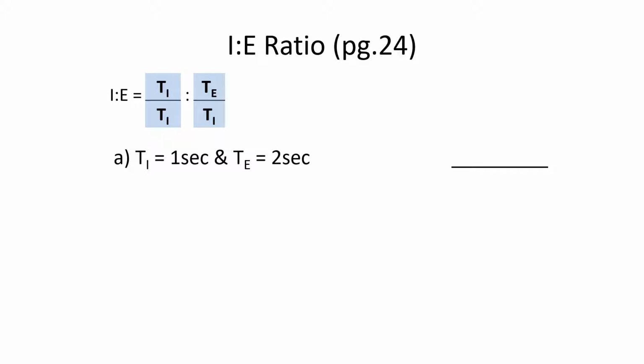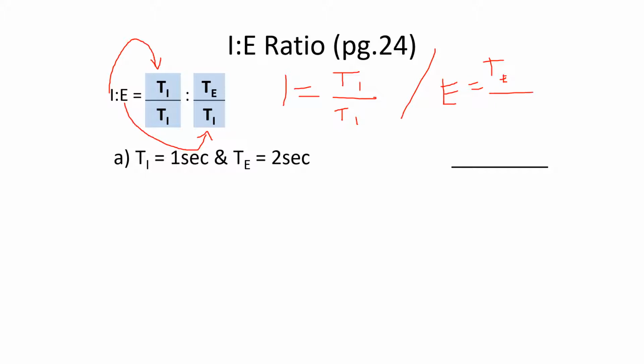IE ratio. The I is for this part of the ratio, and the E is for this part of the ratio. So it's actually 2 and 1. I is also equal to TI over TI. And E, the ratio for E, is TE, expiration, over TI.